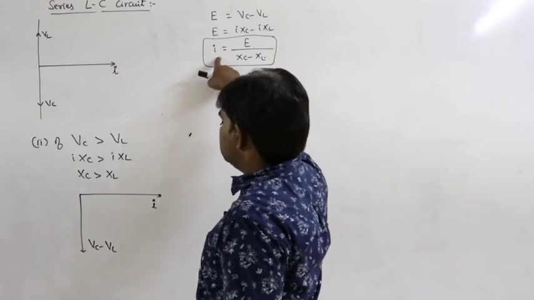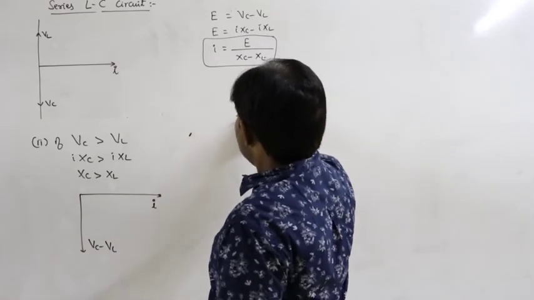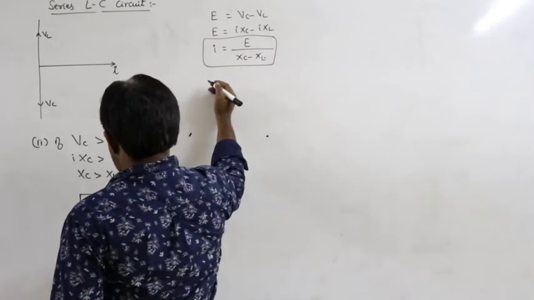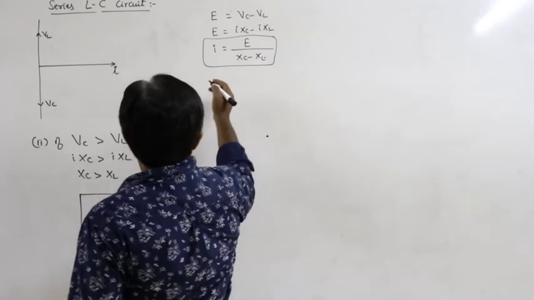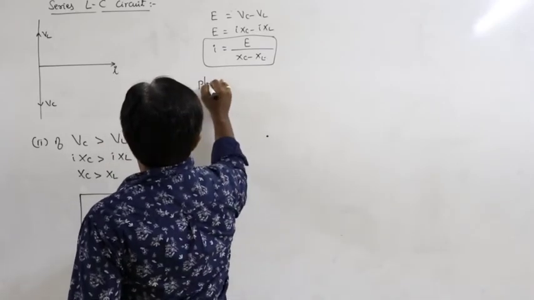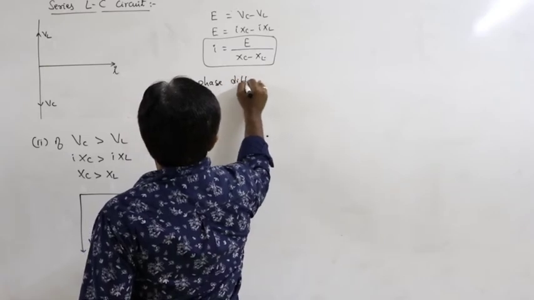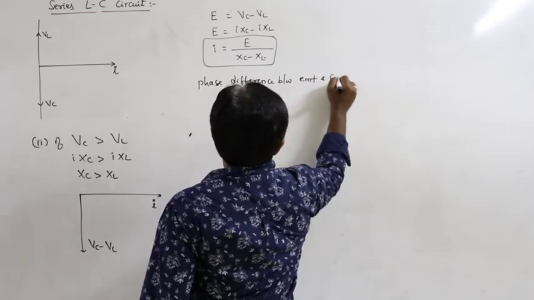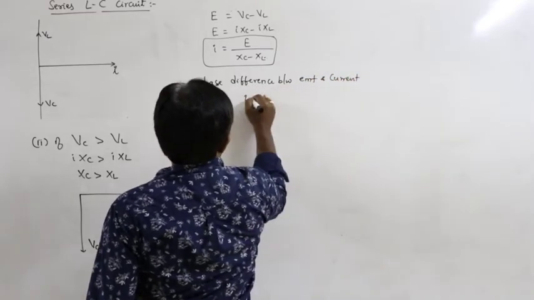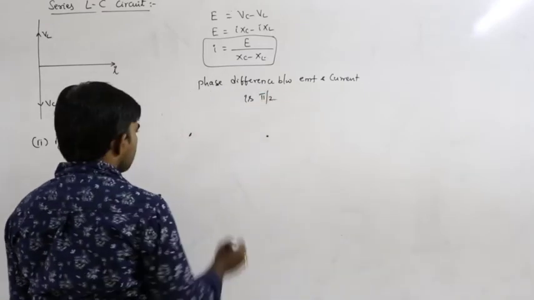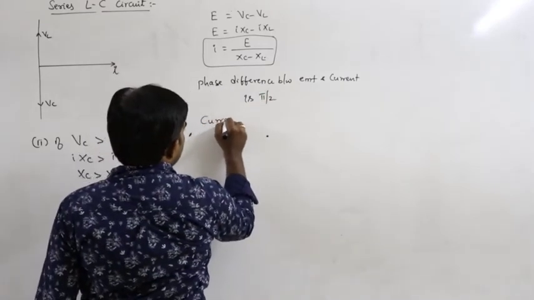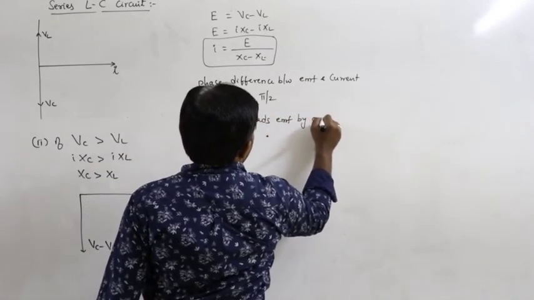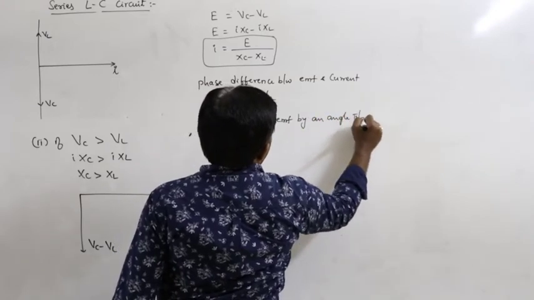So this is the current passing through the circuit. Next, the phase difference between EMF and current is pi by 2 again, but here current leads EMF by an angle pi by 2.